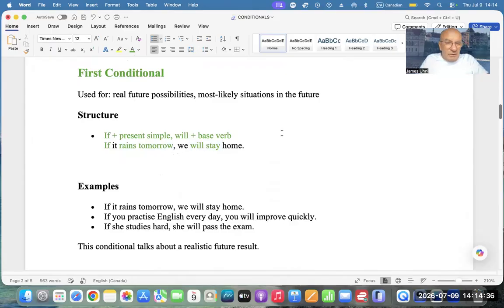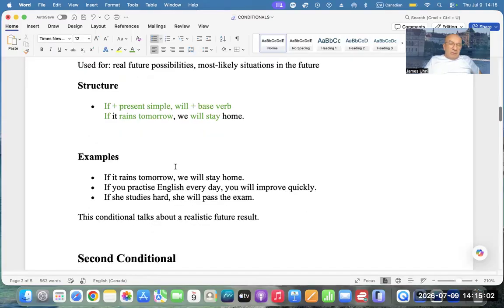Now, what is in green over here? It says if plus present simple, rains tomorrow. We will stay, base verb, home. So what is home? Home is the object.